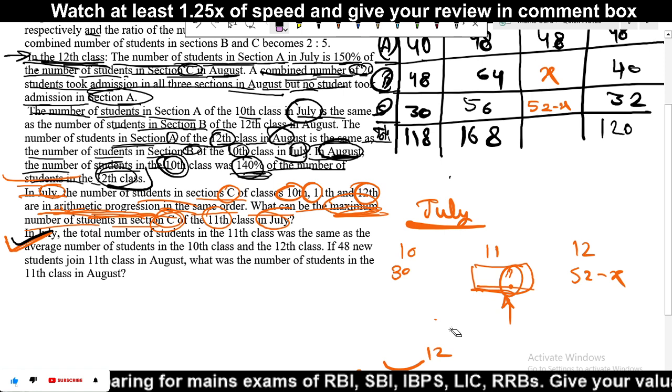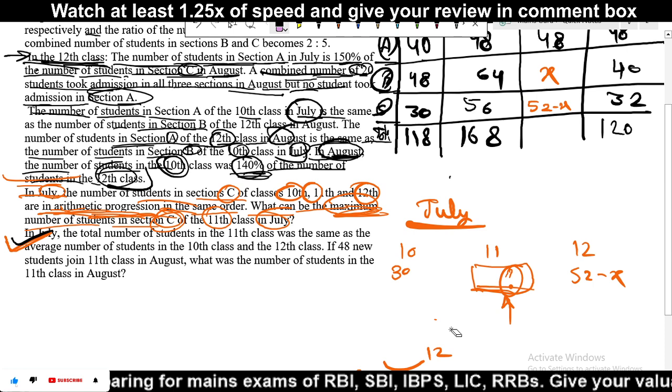If this is an AP, and these are two terms of the AP, then it will be this. And if I write another number, let us say 36, then what will the number be? That number will be 33.